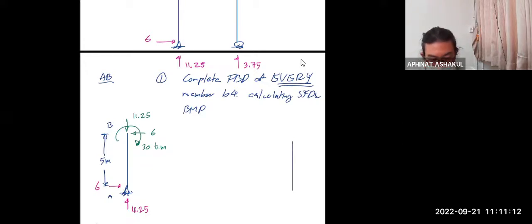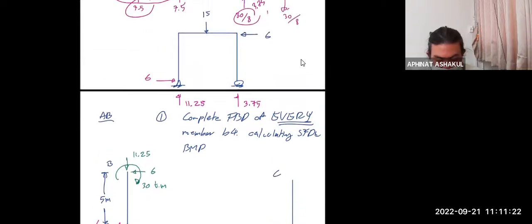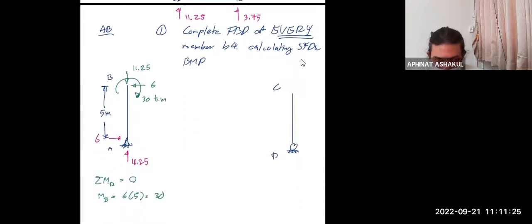So maybe it's not a bad idea to try to do member CD or DC, whatever you call it. I need to take my glasses off. And D, we only have 1 force here, and rightly so, because you can't have the horizontal force at D. It's a roller.